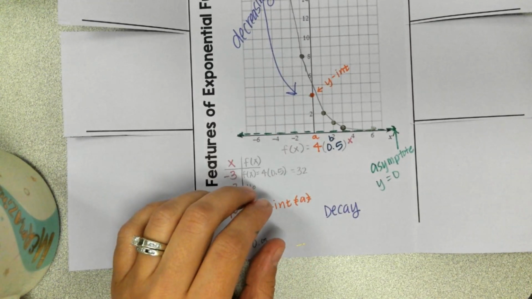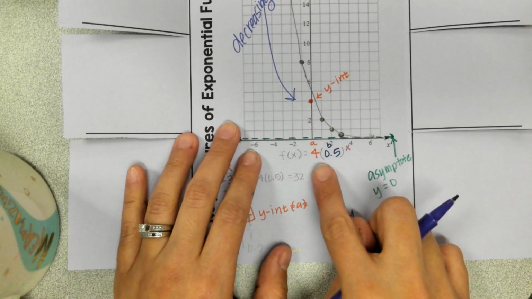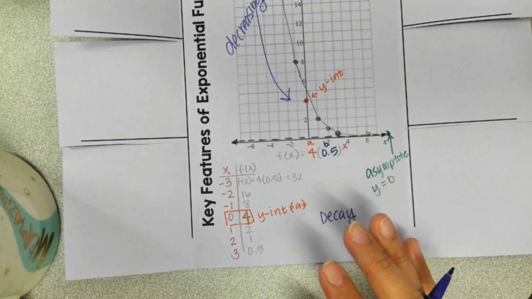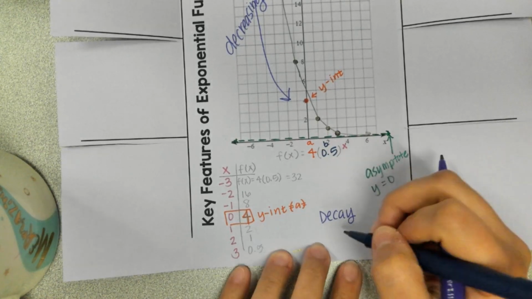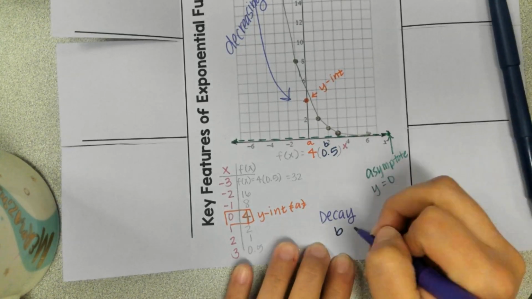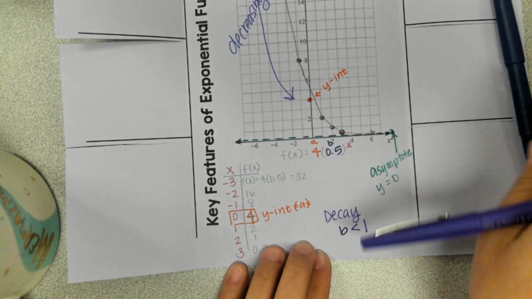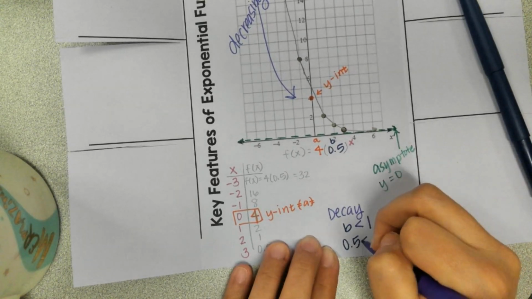The true reason behind the decay is because if you notice b, which we haven't really mentioned much, but it is an important part, my b value is actually less than 1. So that's 0.5, which is less than 1.